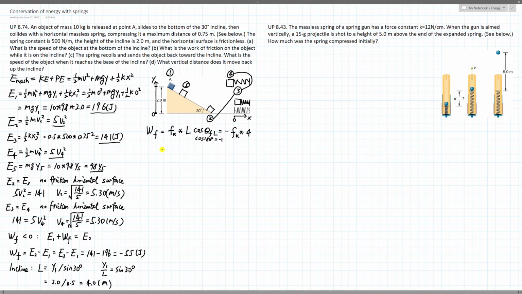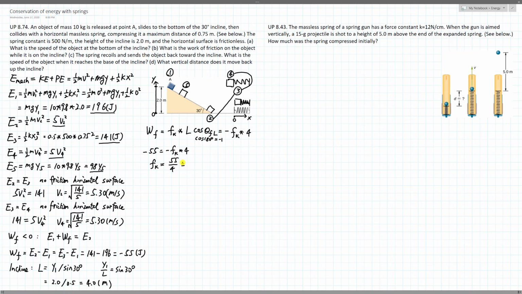And according to our calculation, work done by friction was this amount, so minus 55 joules, and the other side is also equal to friction's work. So we conclude frictional force has this amount of 55 over 4.